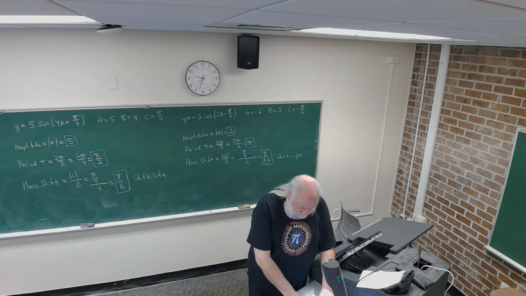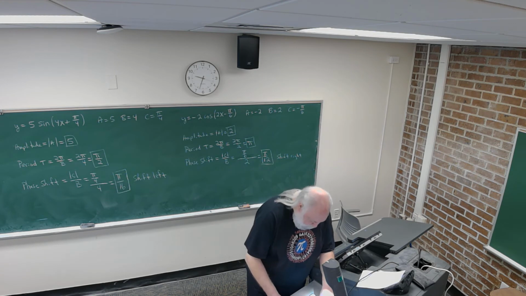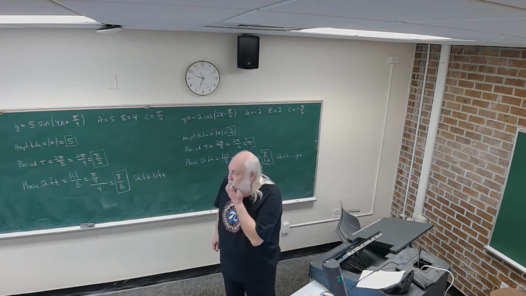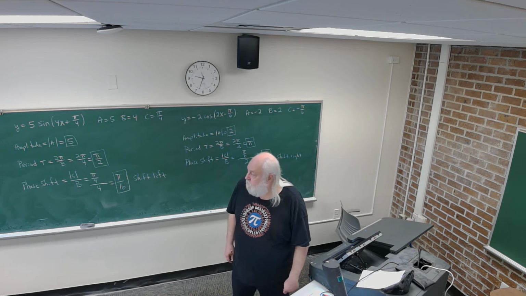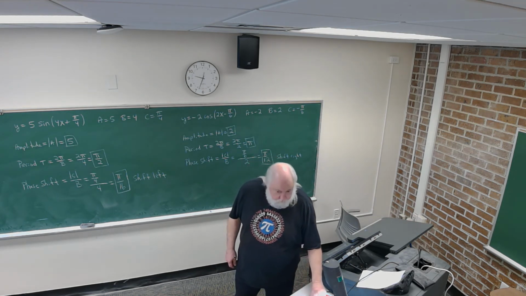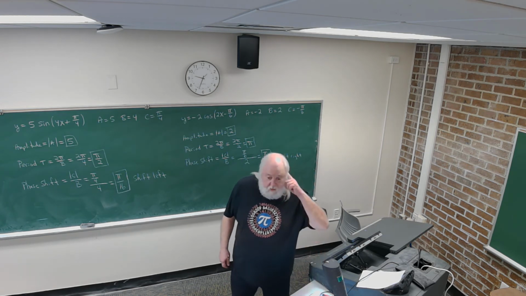At this point right here, which has an x-coordinate of 7 pi over 8 and a y-coordinate of minus 3. And we've answered all the questions. Any questions on that, ladies and gentlemen?